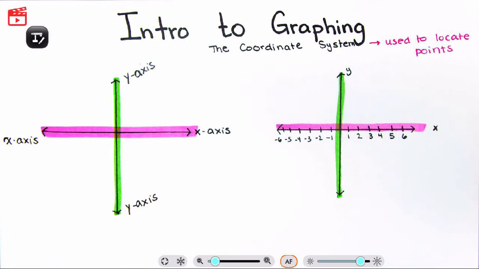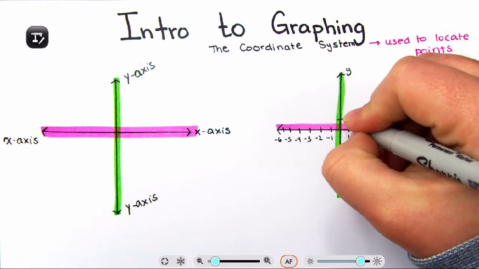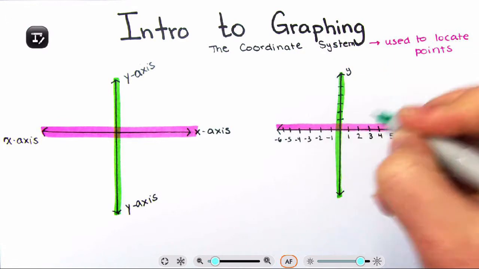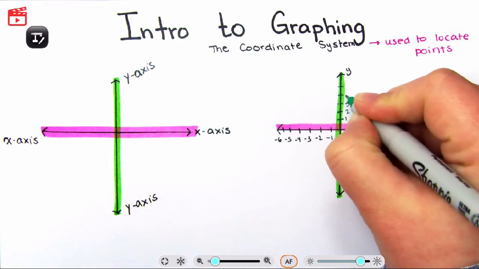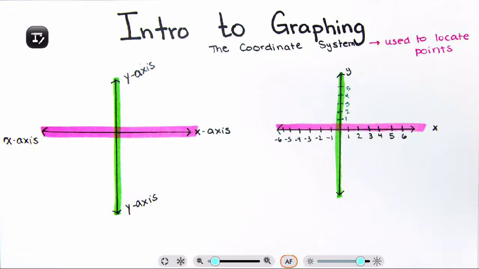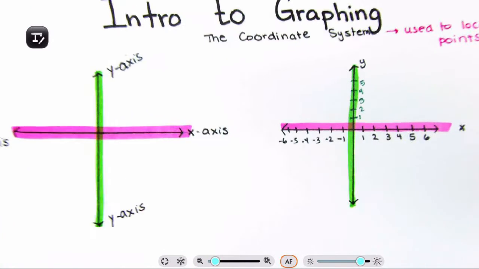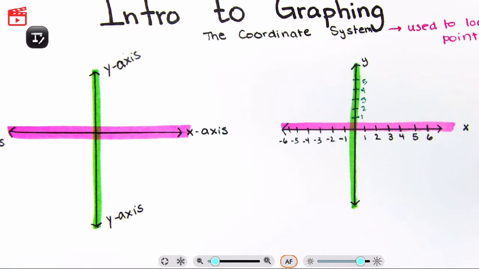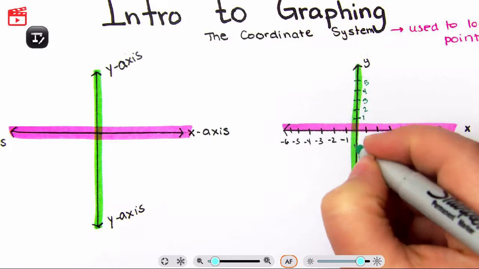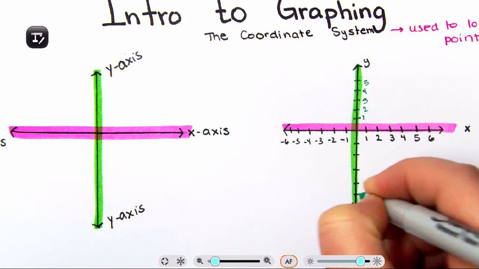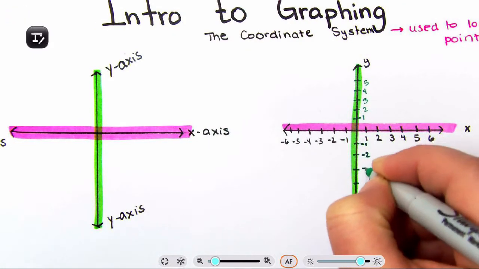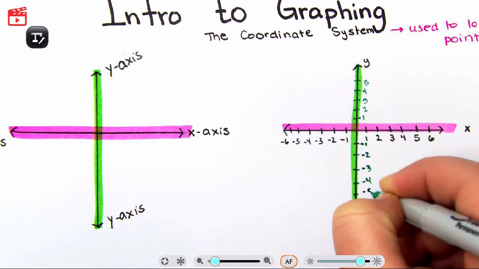Very similarly, for our y-axis we're going to do positive and negative values. I'm going to do 1, 2, 3, 4, 5 going up. That's positive. And then on the negative side, it's going down: -1, -2, -3, -4, -5.